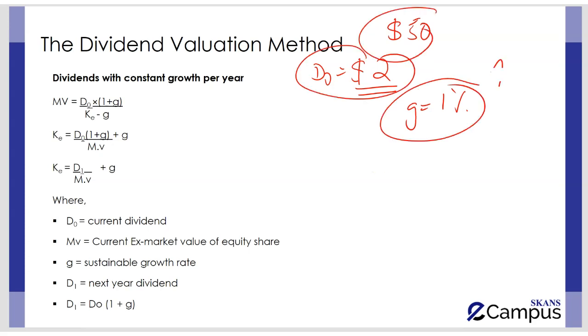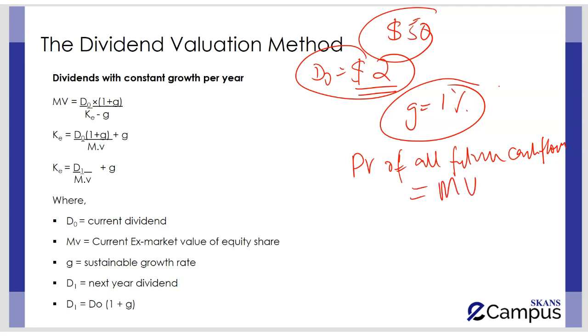Remember, these are all assumptions that I'm making. So if I know this, and from the dividend valuation method, I know that the present value of all future cash flows is equal to the market value.